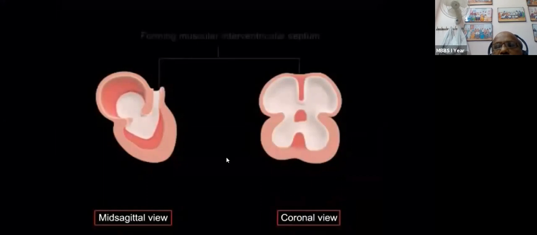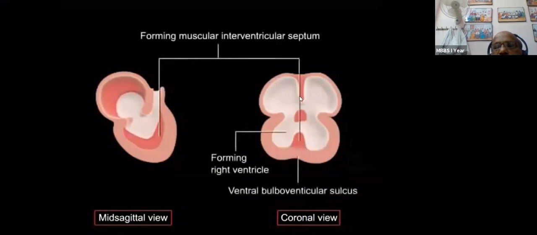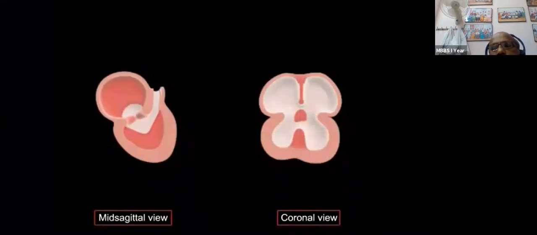So that is your septum primum descending down to meet your septum intermedium. At the same time, the interventricular septum comes down. So that is a very nice formation of your ostium secundum.